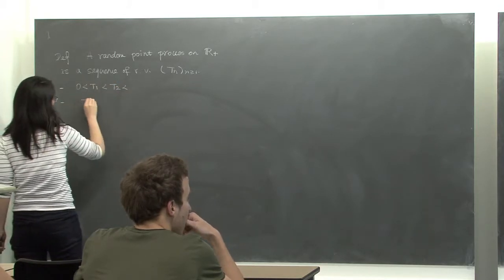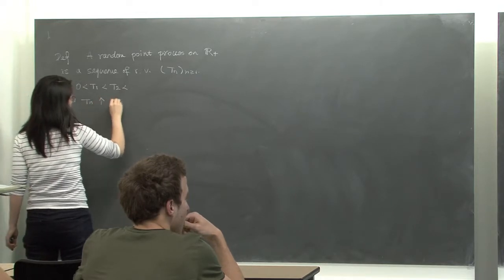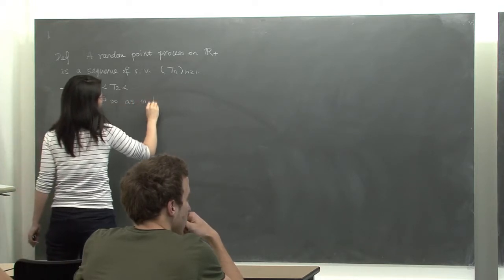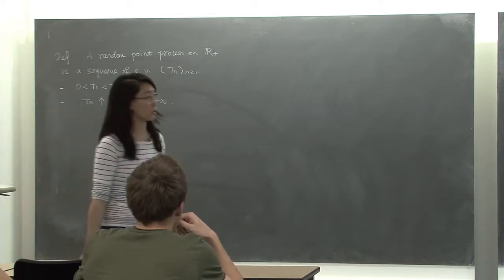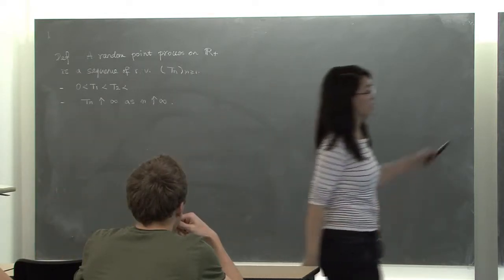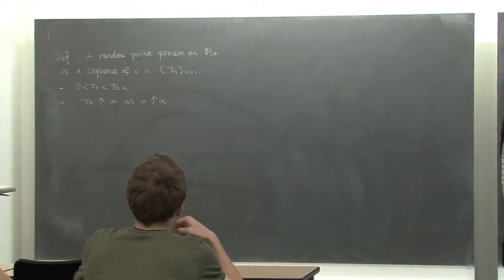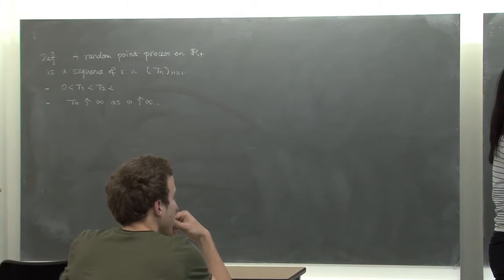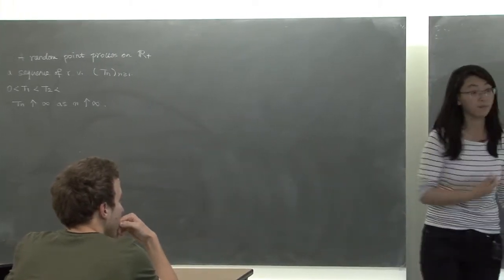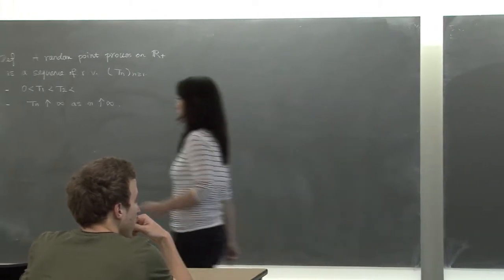Second, it converges to infinity as n goes to infinity. So we can imagine that this Tn just records the arrival time of customers. Tn corresponds to the nth customer arriving at time Tn. So this is a random point process.